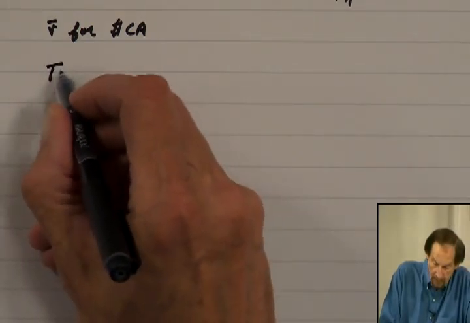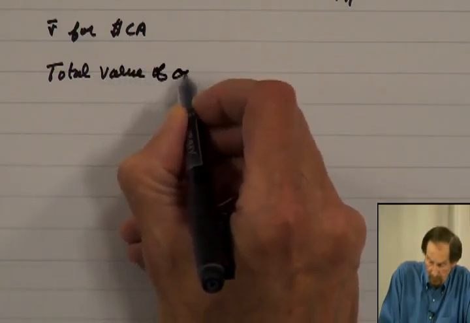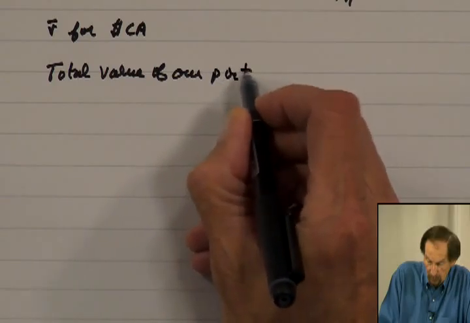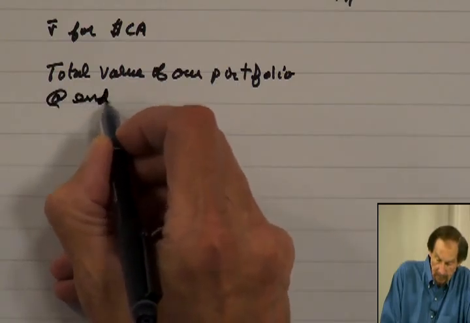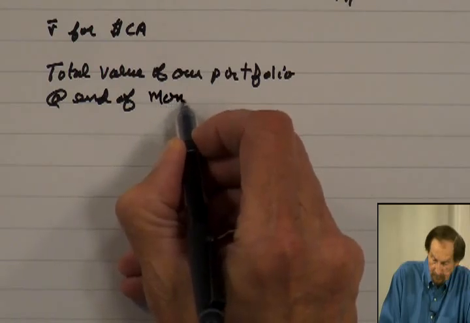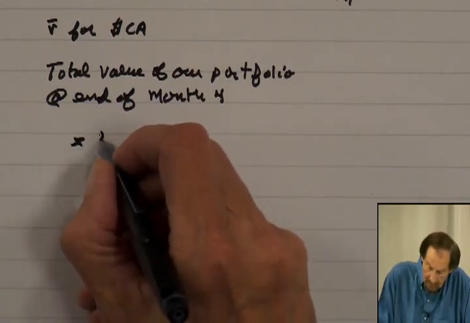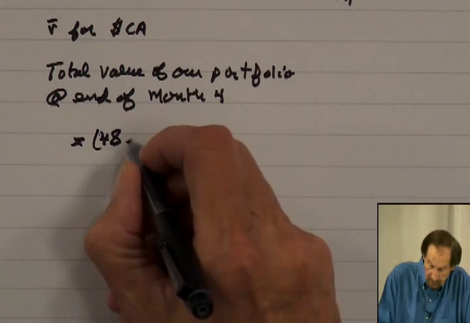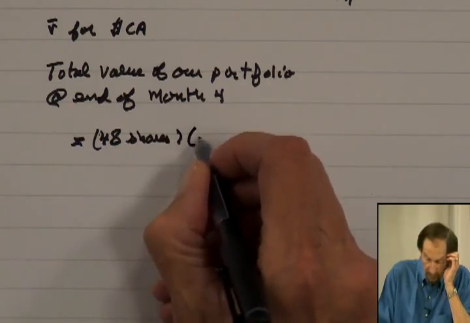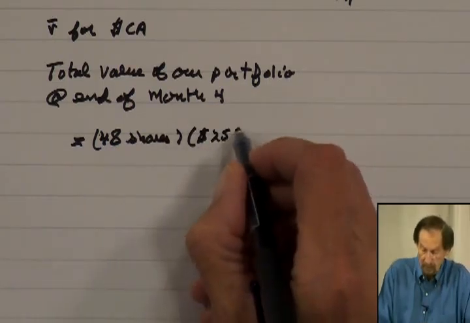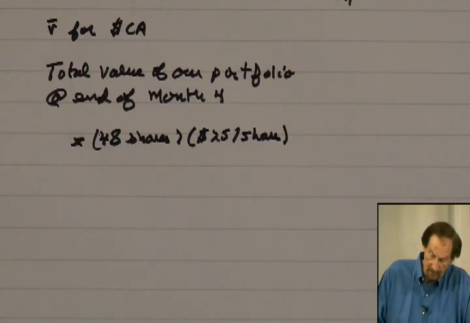Now the total value of our portfolio at the end of month 4 equals 48 shares times $25 per share, because that's what it's worth at the end of that month.